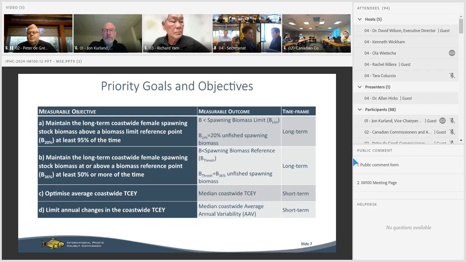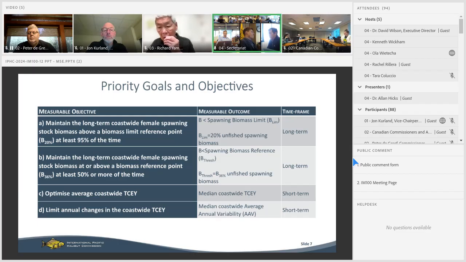So I'll jump into the goals and objectives, and I have listed here the 4 priority objectives of the commission in the dark blue on the left, and they're lettered A, B, C, and D. And based on, I think it was the 99th annual meeting, these objectives were put forward as in priority order, actually. So you have to meet A, and then meet B, and then meet C, and then meet D. So they're basically maintaining the long-term female spawning biomass above 20%, at least 95% of the time.